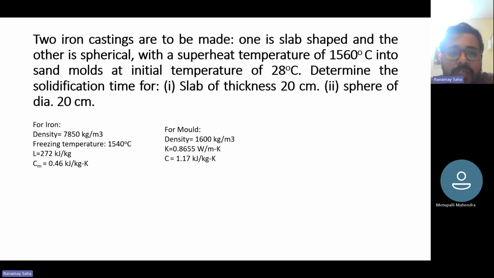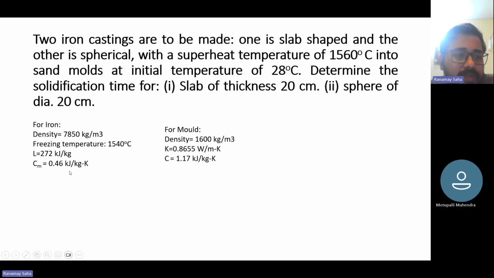Determine the solidification time for a slab thickness of 20 centimeters, and in the second part, a sphere of diameter 20 centimeters. The twist here is that there is a superheat temperature of 1560 degrees centigrade, so the pouring temperature and the freezing temperature are different.